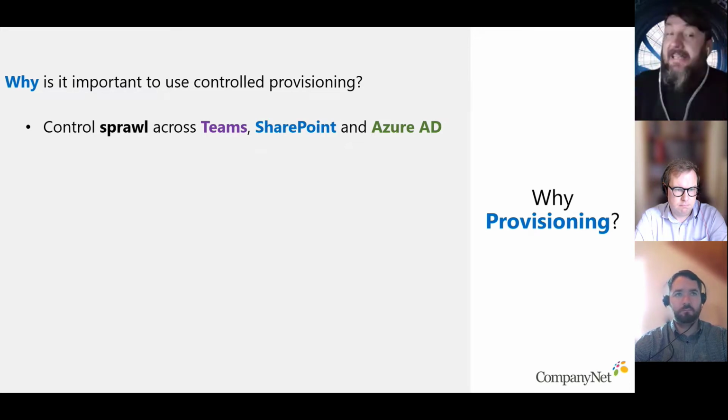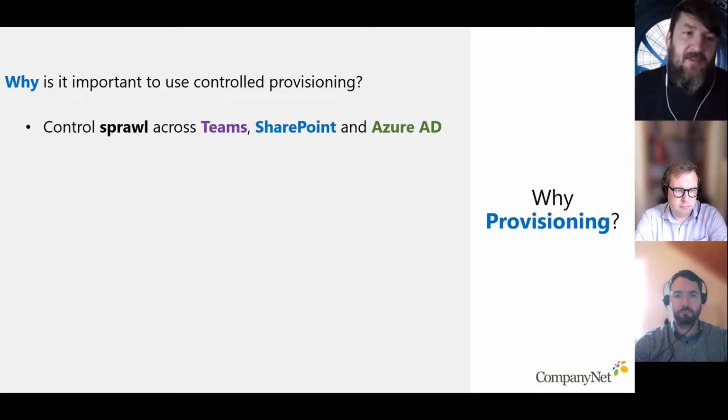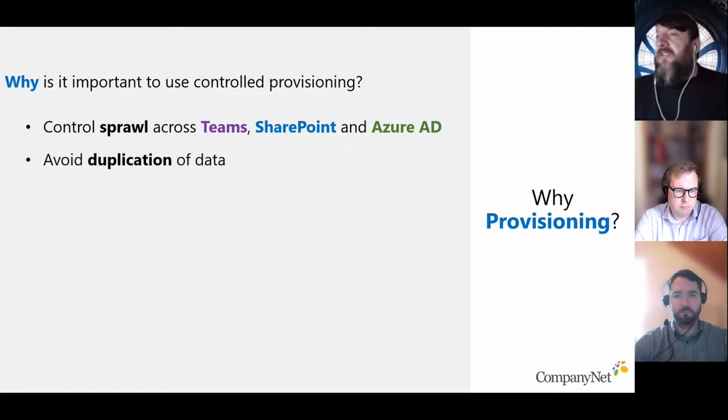If we've got thousands or hundreds of these entities out there, that's a lot of management and administration overhead if we need to reel that back in after the fact. So controlling sprawl at the outset is ideal, but controlling sprawl at any point in your Teams adoption is the right thing to do. So it's making sure that we're doing that.